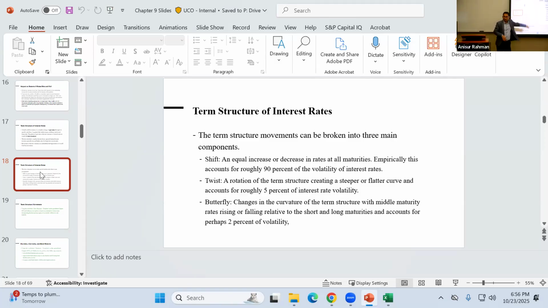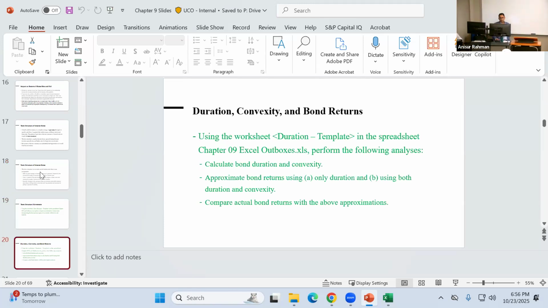And what are the components? Now what we want to do, we talked about duration and convexity, and then how to find out the approximate returns using duration or using both duration and convexity. So let us try to calculate that in our Excel.